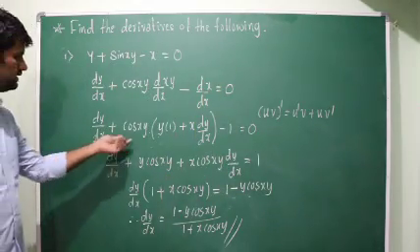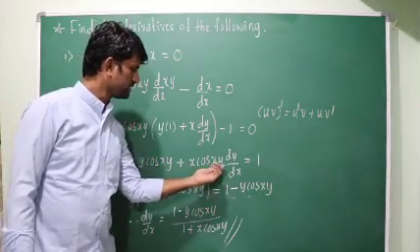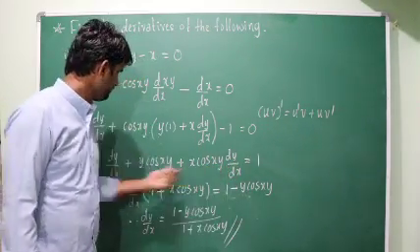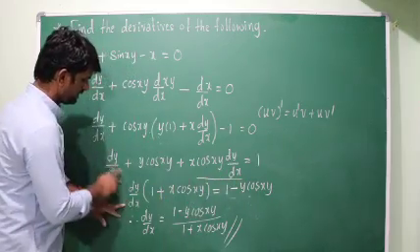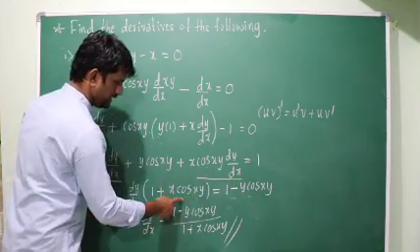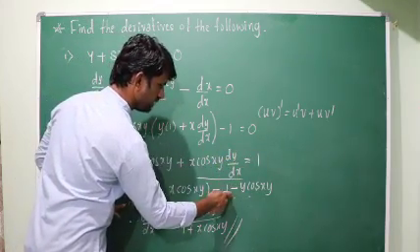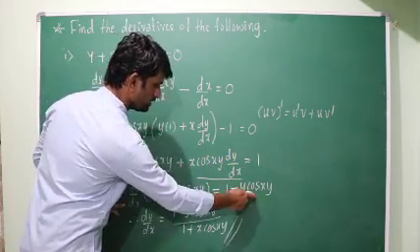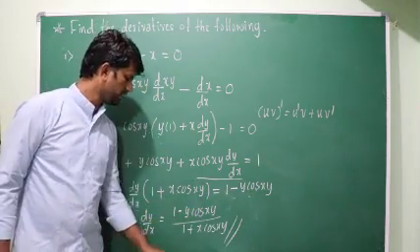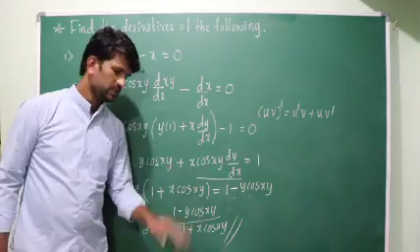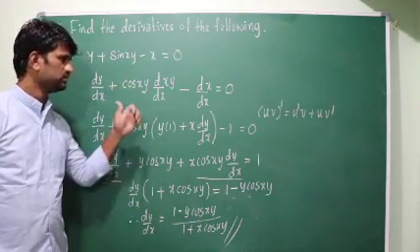So dy by dx, if you multiply y cos xy plus x cos xy dy by dx, take dy by dx separate from these two terms. So what is remaining here? 1 plus x cos xy. This goes to that side, it becomes 1 minus y cos xy. If we divide, 1 minus y cos xy divided by 1 plus x cos xy is the solution for this.